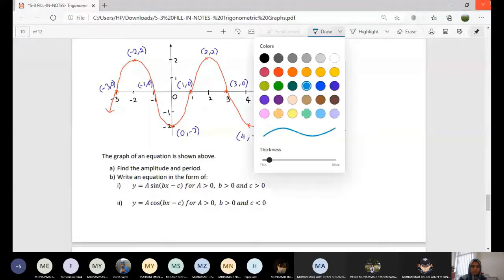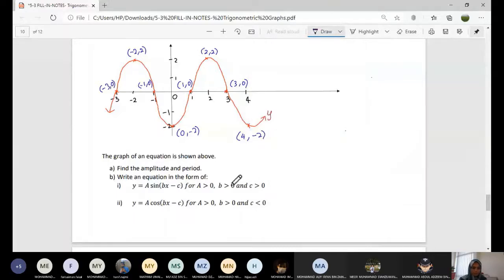So for the amplitude, we analyze this graph. So you'll have, this is the amplitude.